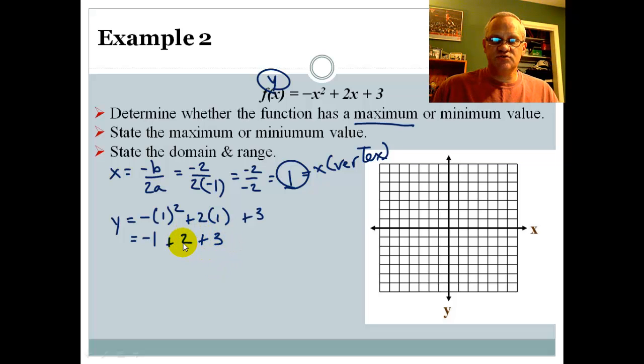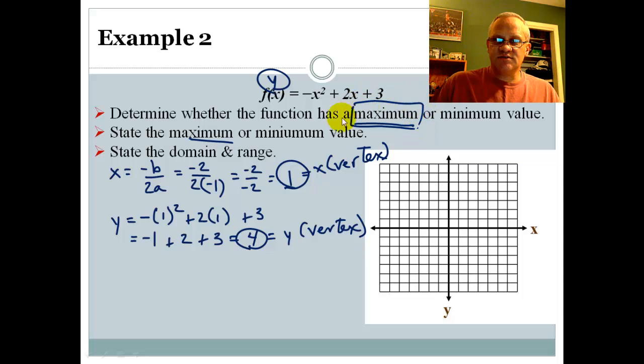So 3 plus 2 is 5. 5 minus 1, or plus a negative 1, is 4. So 4 is your maximum, because remember, that is the y at the vertex. Okay, so our first answer here was that we've got a maximum, and the maximum is 4.